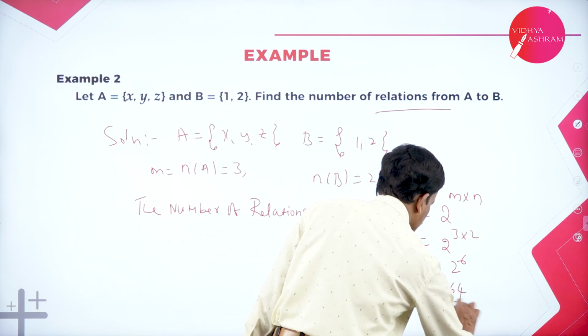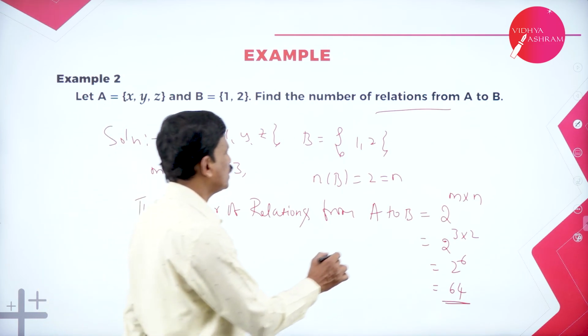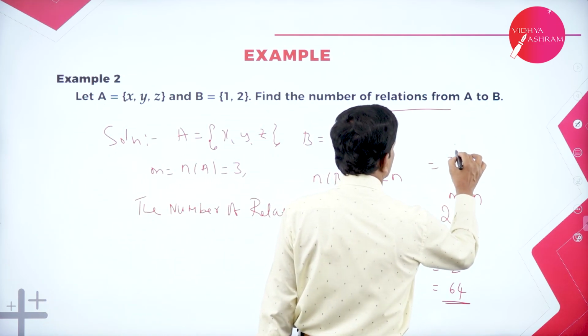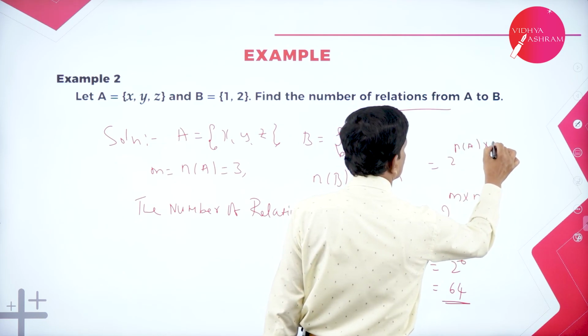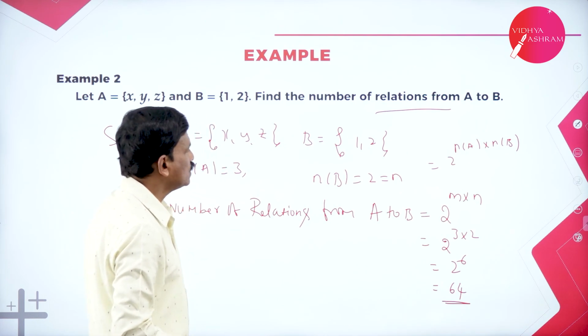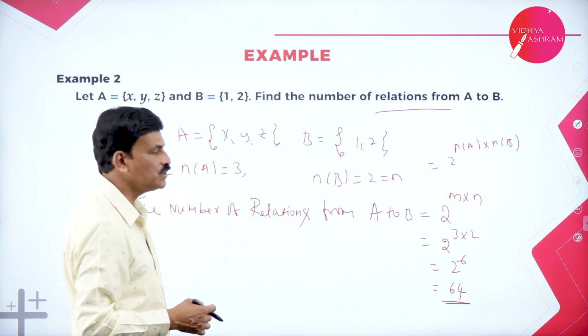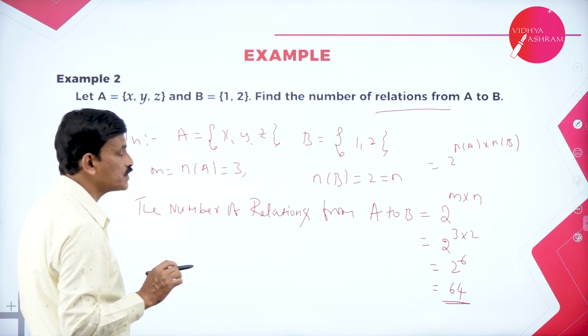You can write 64. Here 2 to the power of n of A into n of B, that is nothing but 2 to the power of m into n. 2 raised to 3 into 2 is 6, 2 power 6 is 64. So the number of relations from A to B is 2 to the power of 6.